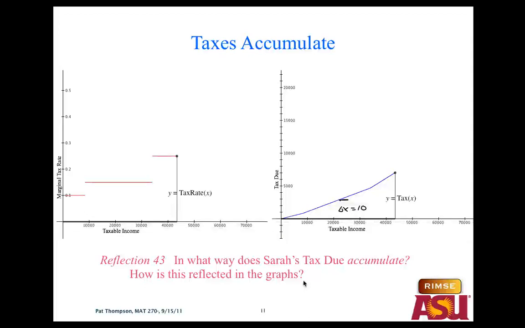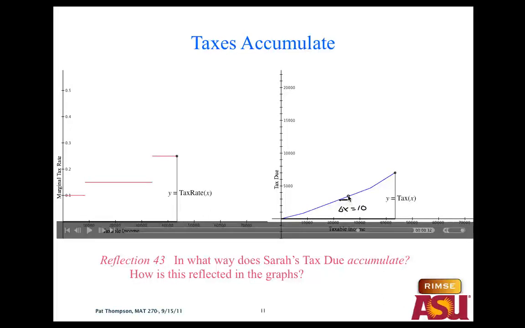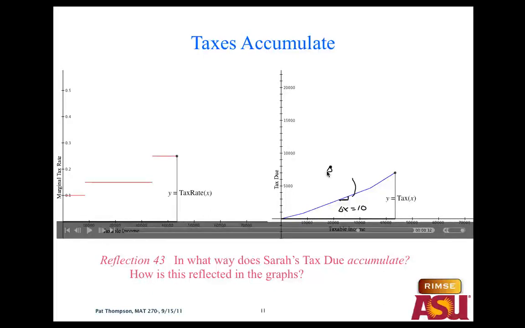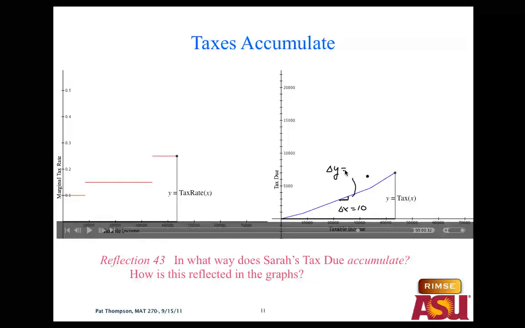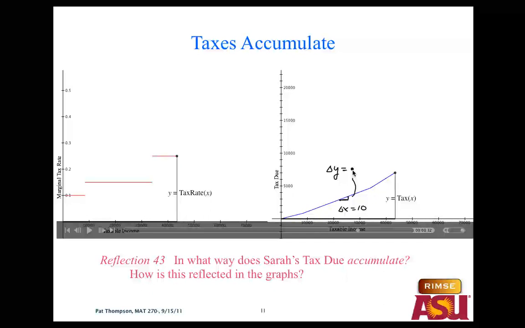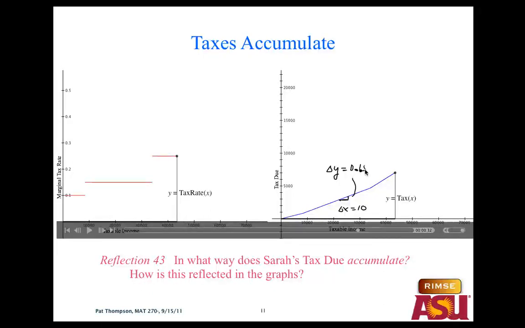It goes up. How much does it go up? 15%. Okay, so I have a corresponding change in y. And how could we calculate that change in y? 0.15 times the change in x. Right. 0.15 is our constant rate, and so changes in y are always 0.15 times change in x.